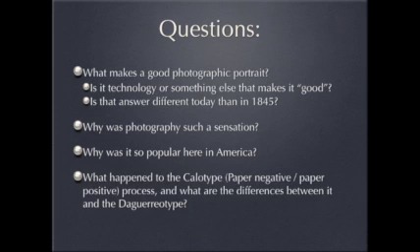Because if you read most of the history of photography, they spend most of the time talking about daguerreotype, then give a little squidgy bit about the paper negative, paper positive, and then jump right into the wet plate collodion, glass plate negative, and paper print. So what happened to that process, and where did it go?